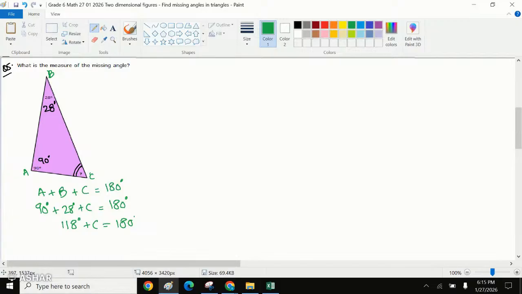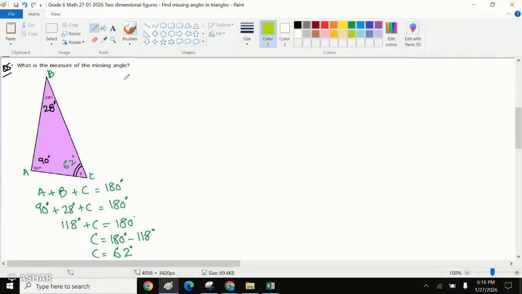So C would come out 180 minus 118, and C comes out to be 62 degrees. That means this missing angle is 62. Yes, thank you, Crinsley. So 180 minus 118 should be 62.